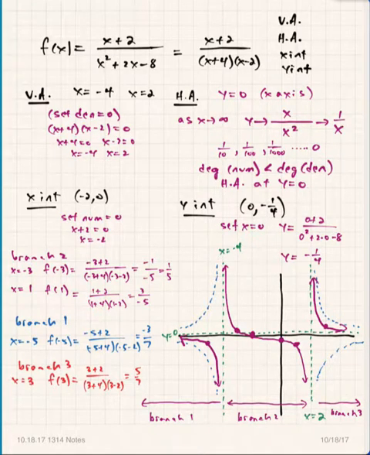Something like that. So this is a pretty complicated example for a rational function, but it's pretty typical, and it allows us to walk through a bunch of different things about these graphs. Also, don't forget that you're going to have a graphing calculator to help you with this, so that would be of help as well.